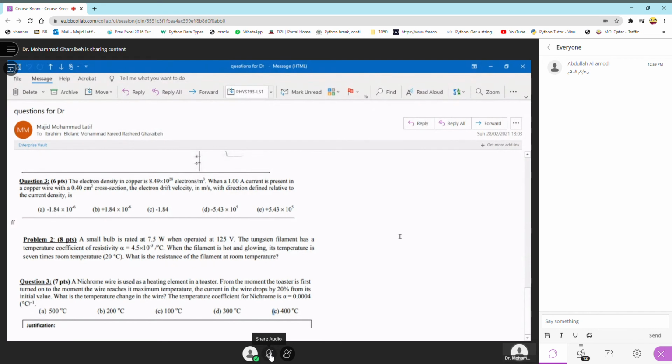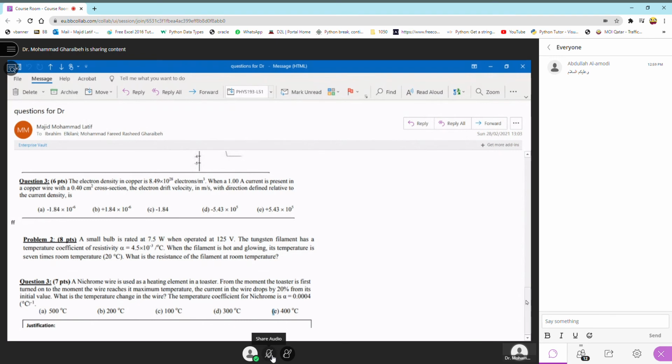A small bulb is rated 7.5 watt, operated at 120 volt. The tungsten filament has a temperature coefficient. When the filament is hot and glowing, its temperature is 7 times the room temperature. So that means that when it is operated, you can find the resistance.